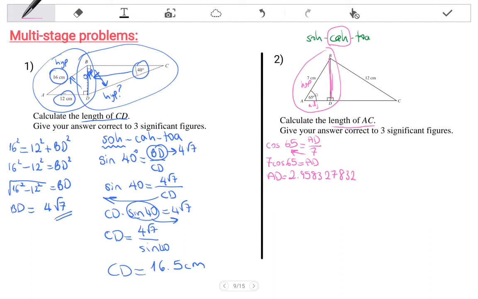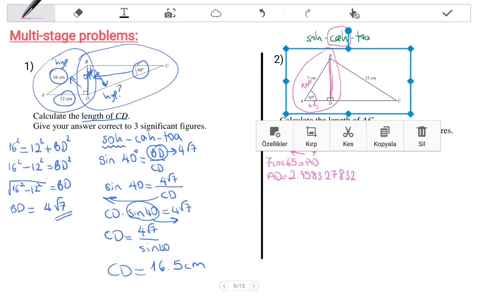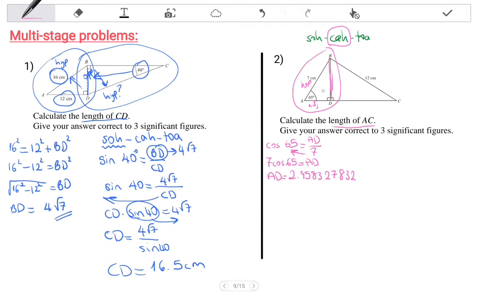So BD to be found is the opposite side of 65. Opposite and hypotenuse can be used in sine. So I choose sine 65 equals BD over 7, opposite over hypotenuse.